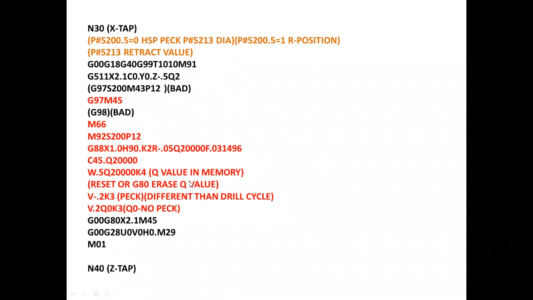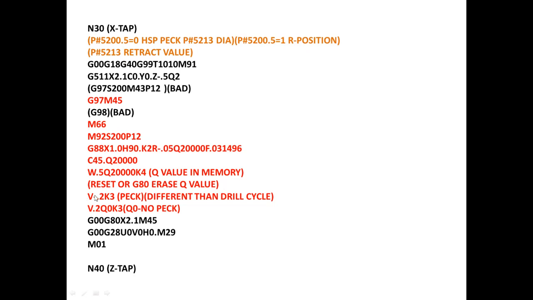I didn't put the Q value over here. But in this case, the Q value 200,000 is in the memory of the G88 cycle. Without the Q, you don't have to duplicate. It's still going to do the pecking cycle over here, same as over here. That's a little different than a drilling cycle.